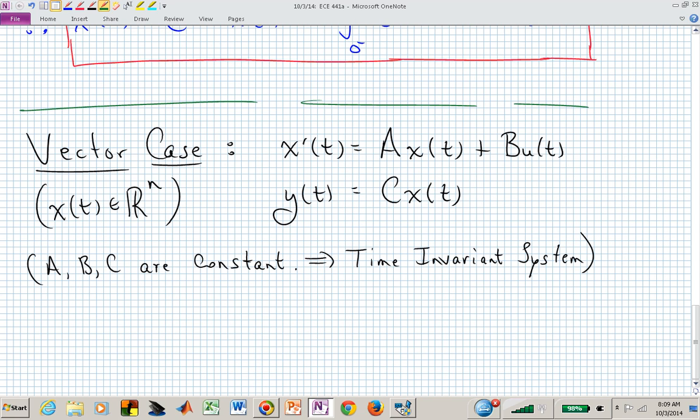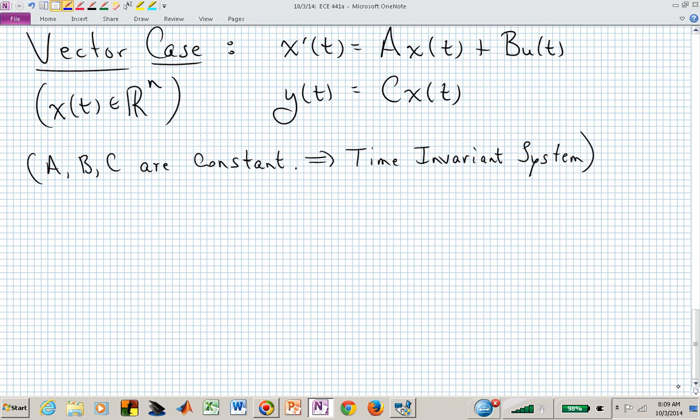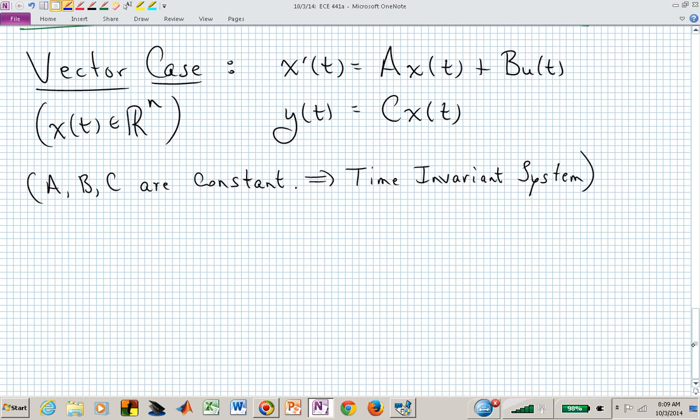We don't have values or parameters or elements in our matrices that are varying with time. If we simply redo what we have done in the scalar case in order to solve, we're now trying to find n, little n, expressions.